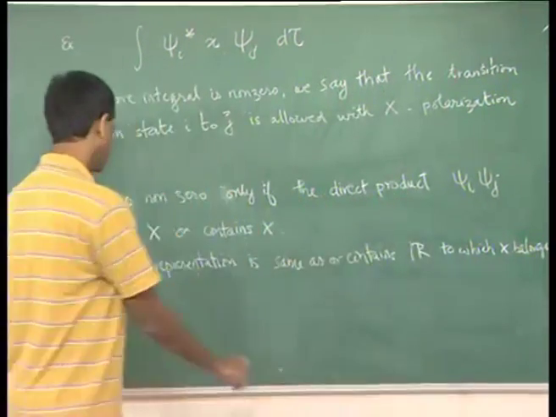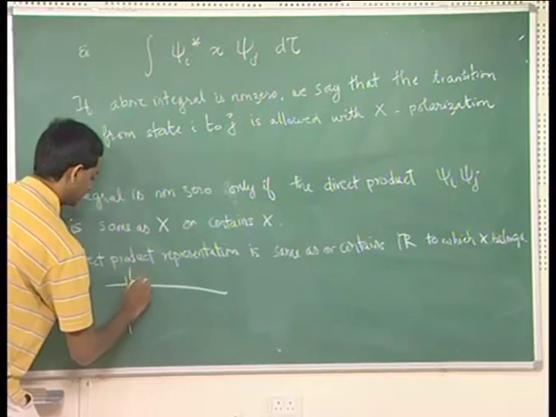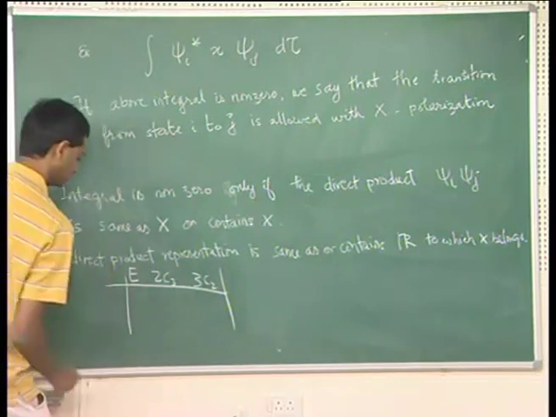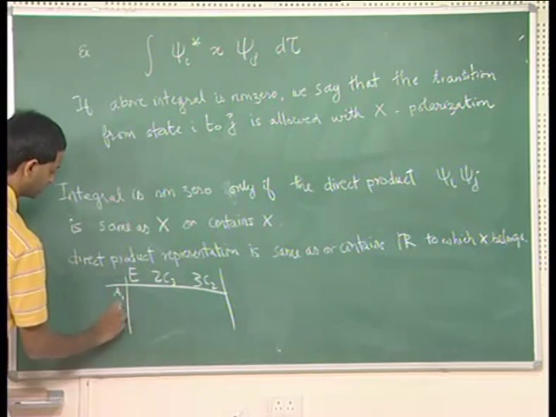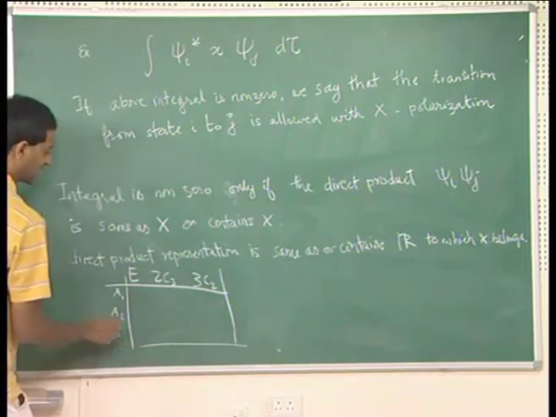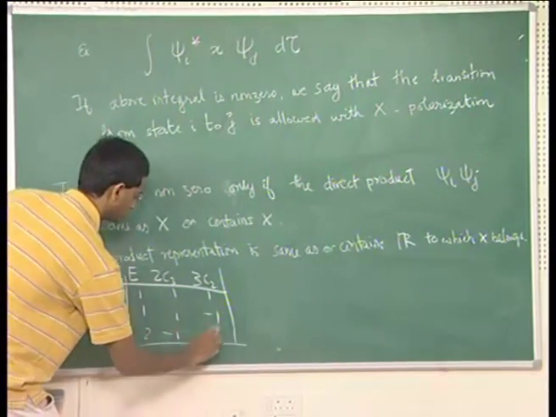Okay. And if you recall, you have E, 2 C3, 3 sigma v, and you typically have A1, A2, E, and you have all these characters: 1 1 1, 1 1 minus 1, 2 minus 1 0.